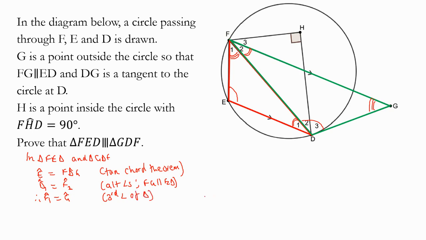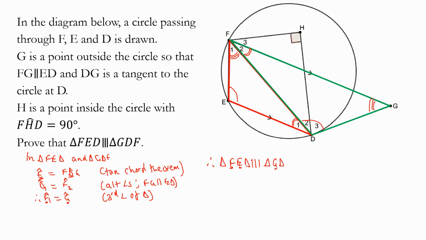Now therefore we've proved that triangle FED is similar to triangle GDF. You have to be careful. F goes with G, so it's similar to triangle G. F goes with G, and then E goes with D. E in the second position, then D in the second position.